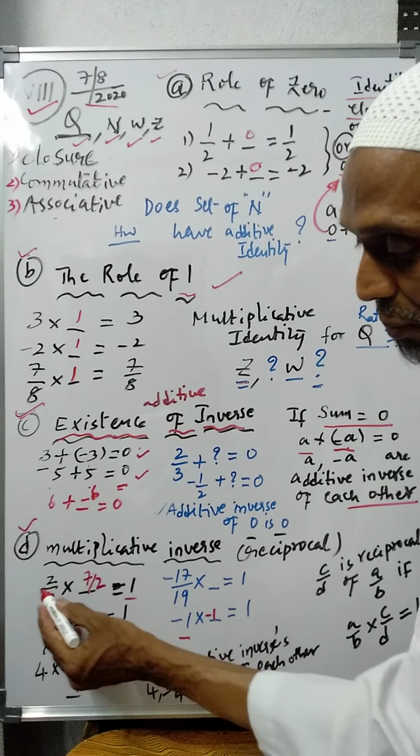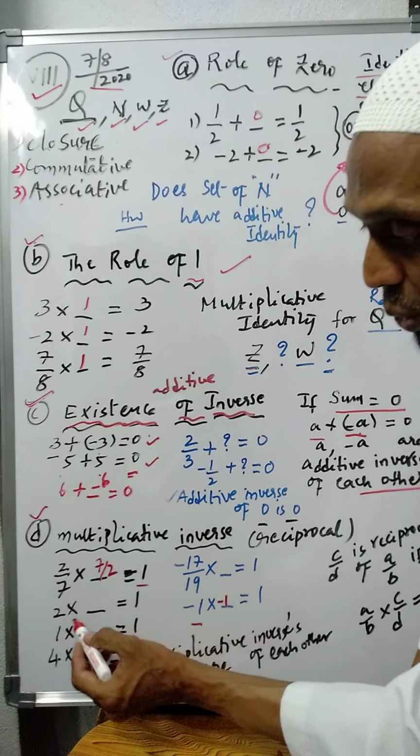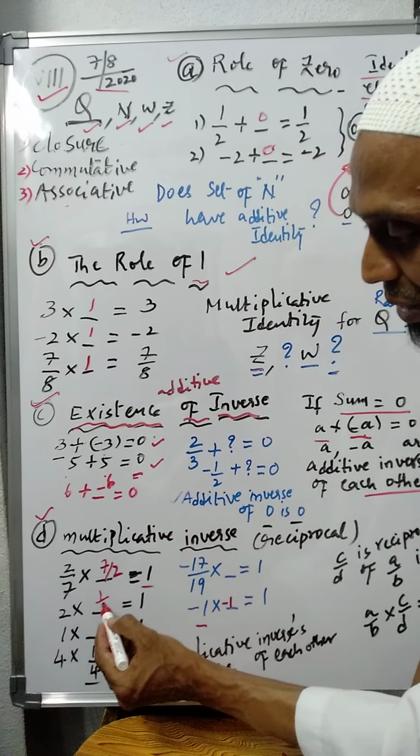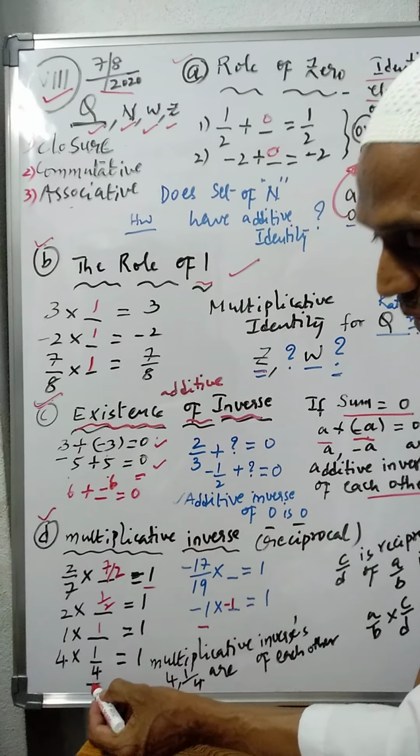Similarly, here if there is a minus, put a minus here too, it will give you plus. So 2 into 1 by 2 will give you 1. 1 into 1 will give 1. 4 into 1 by 4 will give you 1.